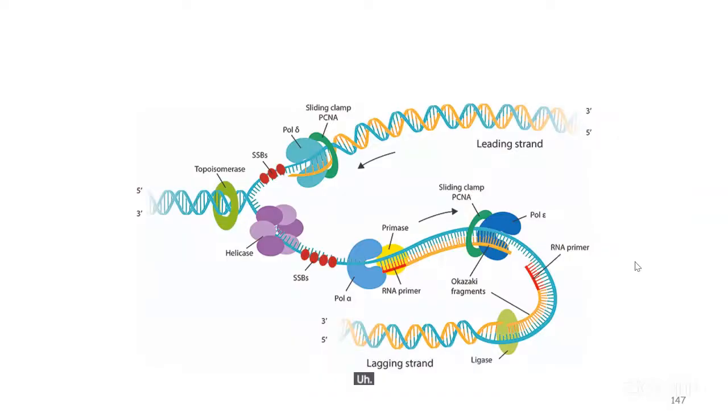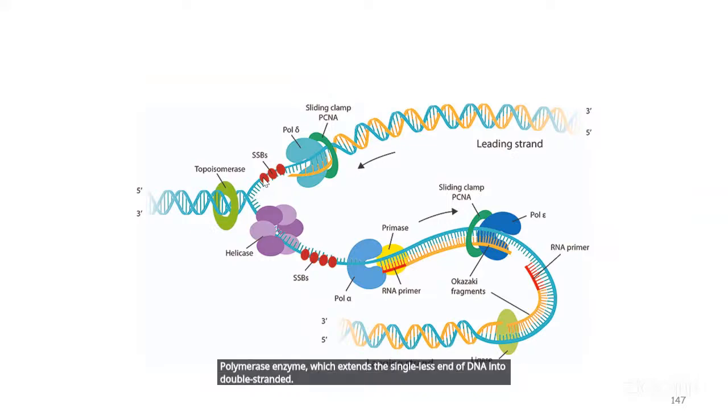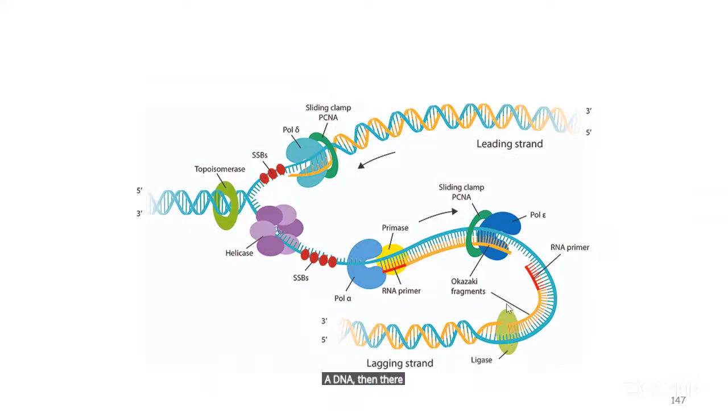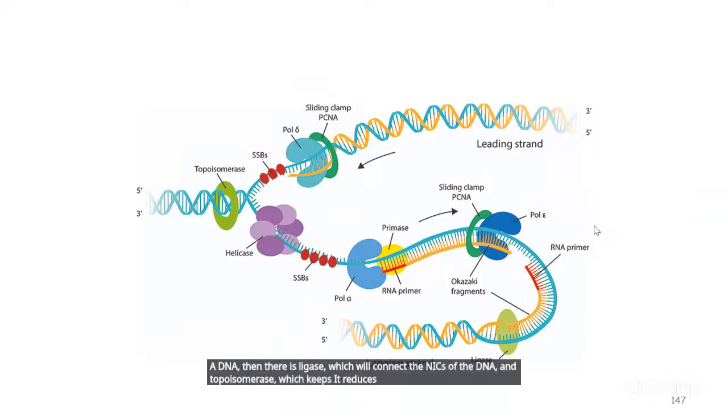It requires a lot of enzymes: helicase, which opens the 2 strands of DNA; polymerase enzyme, which extends the single-stranded DNA into double-stranded DNA; then there is ligase, which will connect the nicks of the DNA; and topoisomerase, which reduces the tension of the DNA.